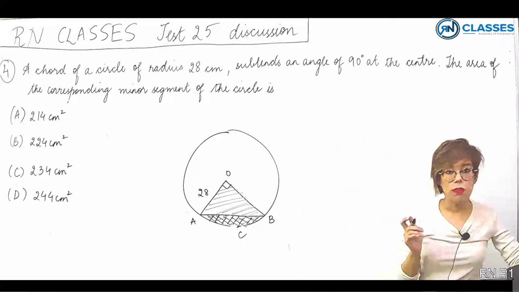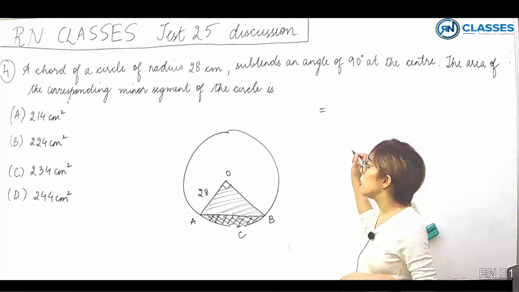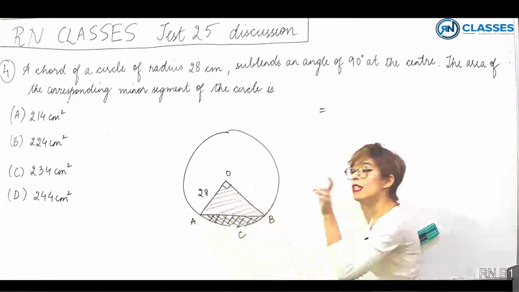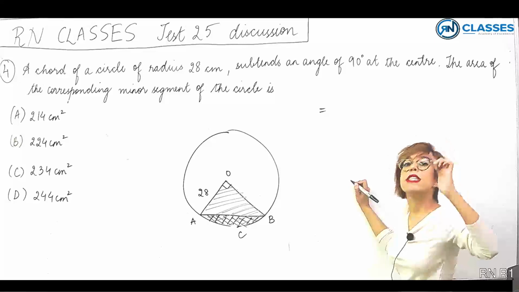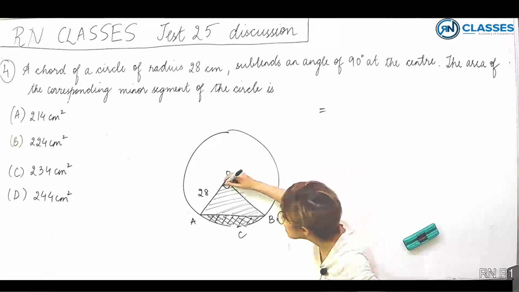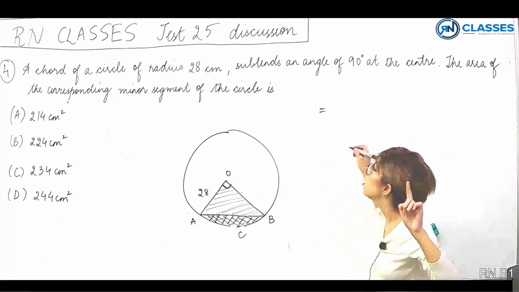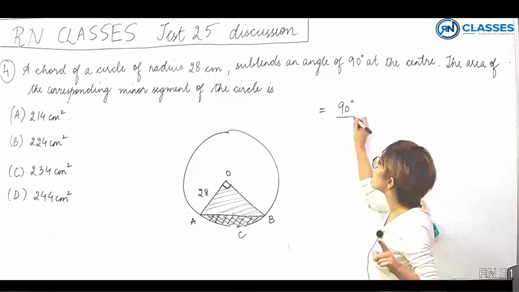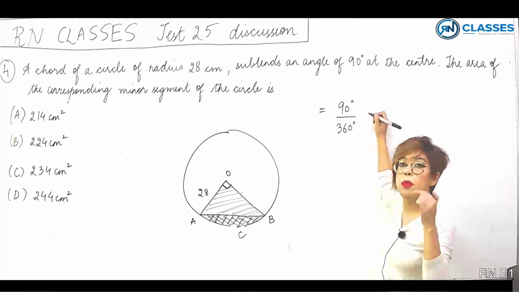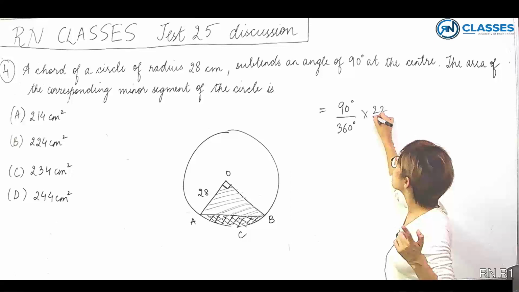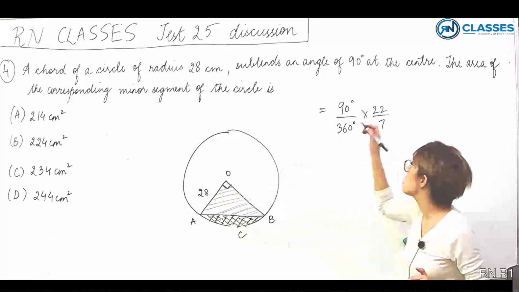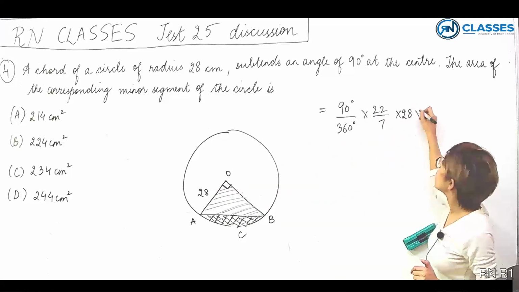Right? So, let's write it. Area of minor segment is area of the sector. Now, area of the sector is what? Theta by 360 degree. Now, theta is the central angle. That is 90 degree. So, 90 degree by 360 degree into pi r square. Now radius is obviously 28 into 28 into 28.